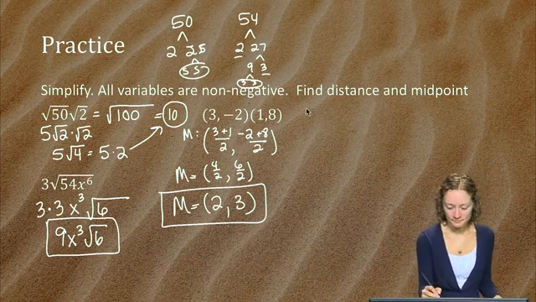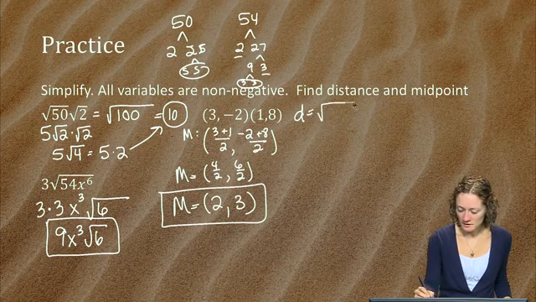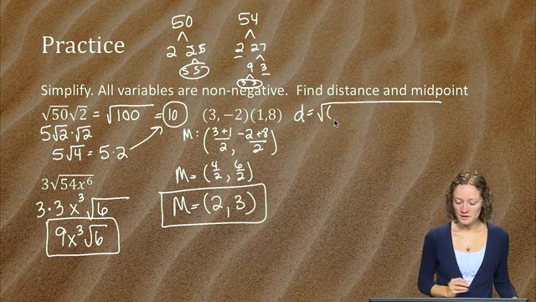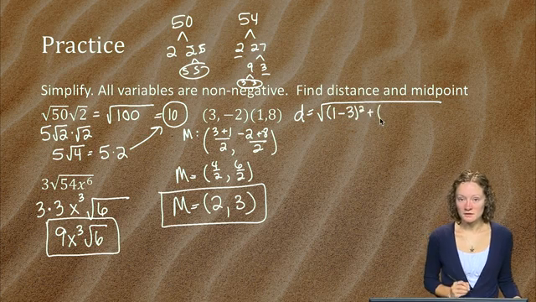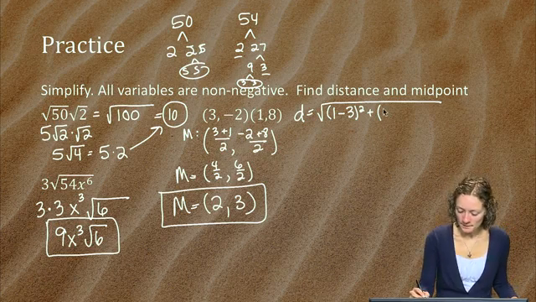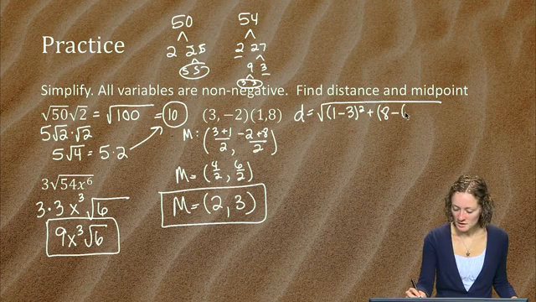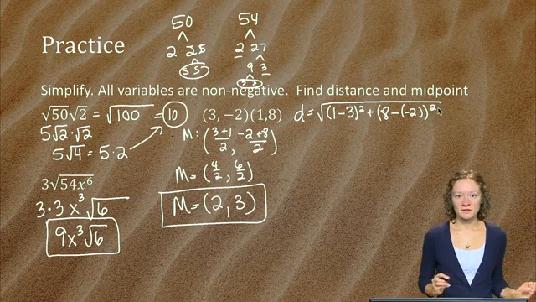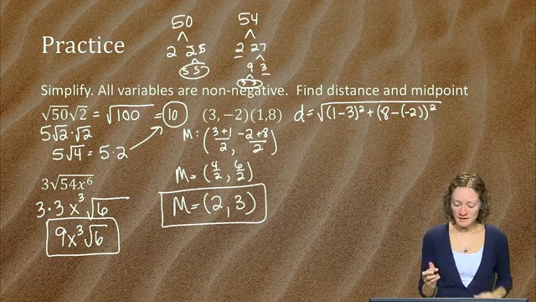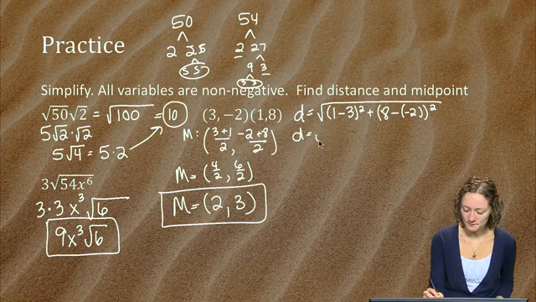And then distance, square root of x2, which is 1, minus x1, which is 3, quantity squared, plus y2, which is 8, minus y1, which is -2, quantity squared. And it's just a matter of cleaning things up and evaluating whenever possible.